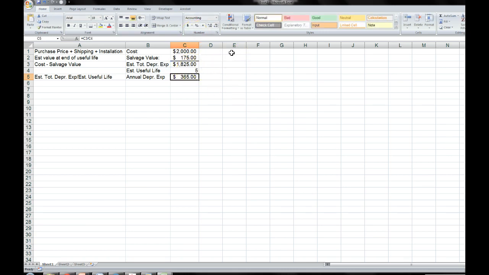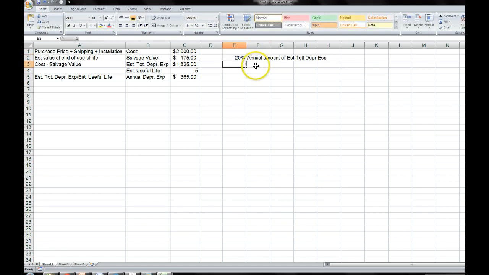The other way to do this is to take 100%, and I'm going to turn that into a percentage. Oh, that didn't work out so well, did it? There we go. 100%, and I'm going to divide it by 5. So this 20% is annual amount of estimated total depreciation expense.